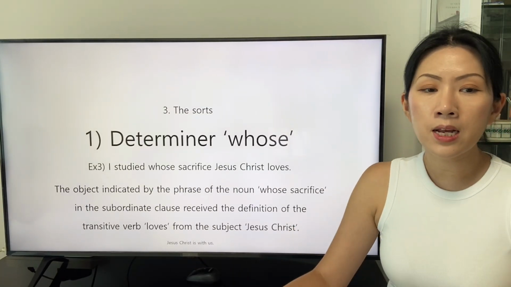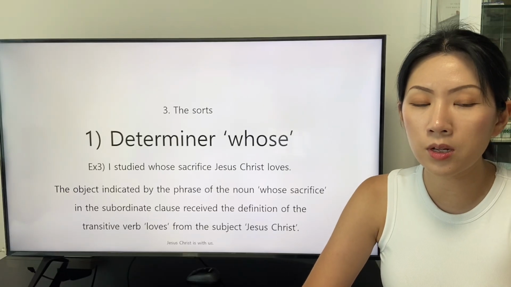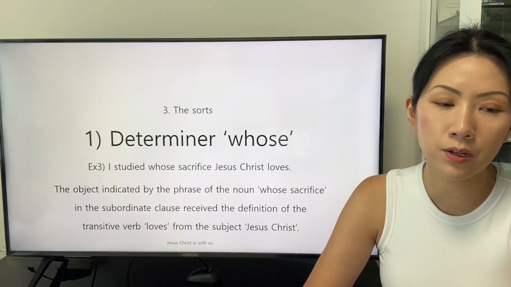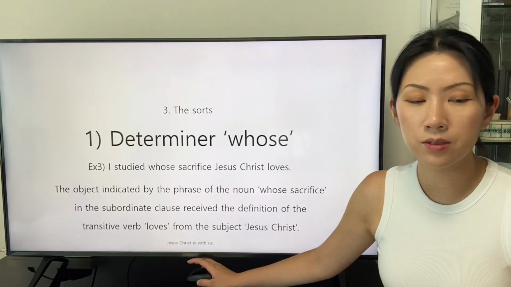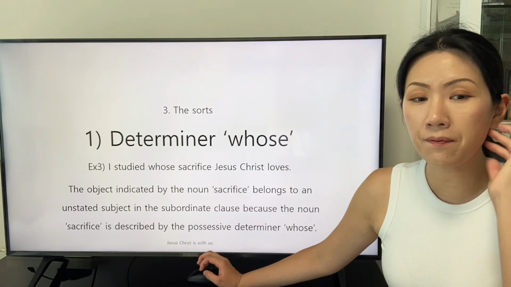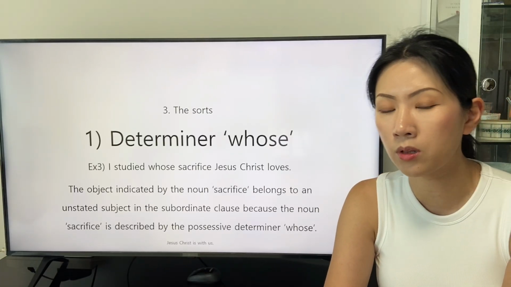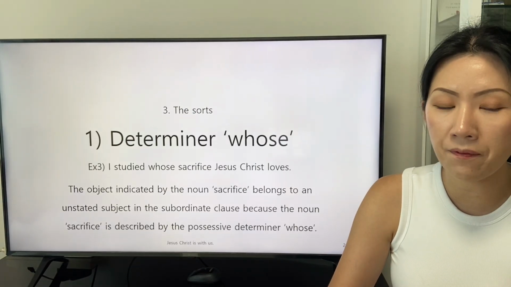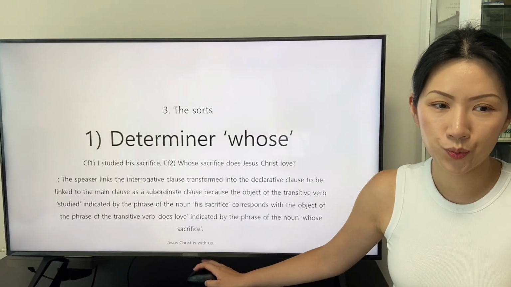The object, indicated by the phrase of the noun whose sacrifice in the subordinate clause, received the definition of the transitive verb loves from the subject, Jesus Christ. The object, indicated by the noun sacrifice, belongs to an unstated subject in the subordinate clause because the noun sacrifice is described by the possessive determiner whose.